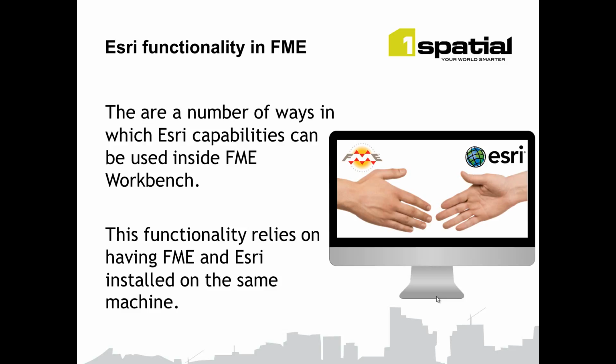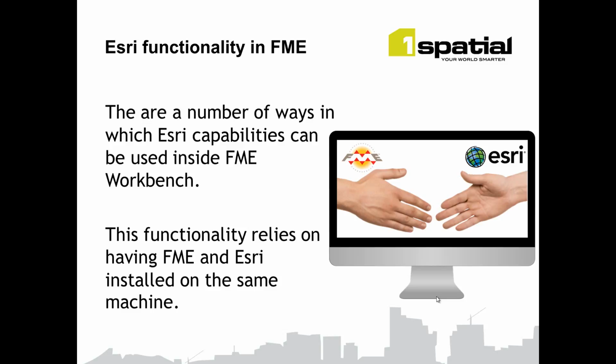What we're going to take a look at is how we can draw on the capabilities of Esri inside of FME initially. There's a number of ways that this can be carried out, but one of the key stipulations that you'll find quite quickly is that to get access to some of the capabilities, you need to have FME and Esri installed on the same machine.